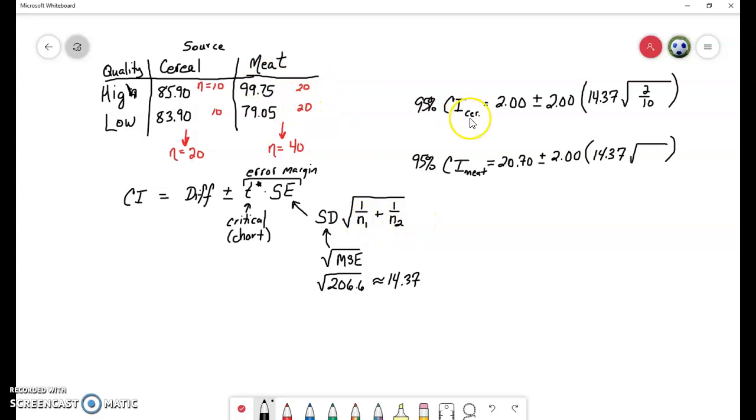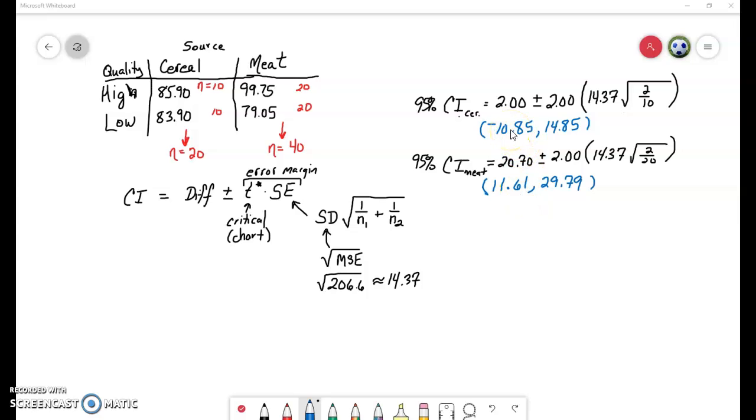So we have 1 over 20 plus 1 over 20, which would give us 2 over 20. And of course we could reduce this. We're going to type it in the calculator anyway. So when we put it all together, run it through the calculator.